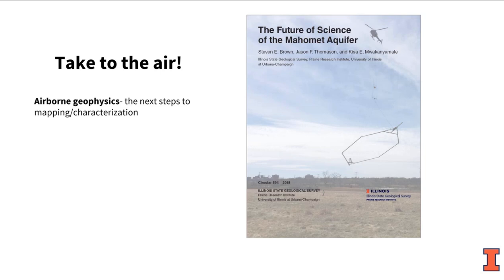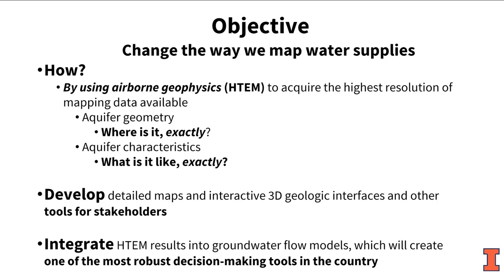We take to the air, and a technology that Kisa has been developing her expertise in over the last 10 years or so is airborne electromagnetics. This is a technology that's been developing over the last 20 years or so. Another colleague, Don Kiefer, who's on the line, has been critical in developing this program internally at the ISGS.